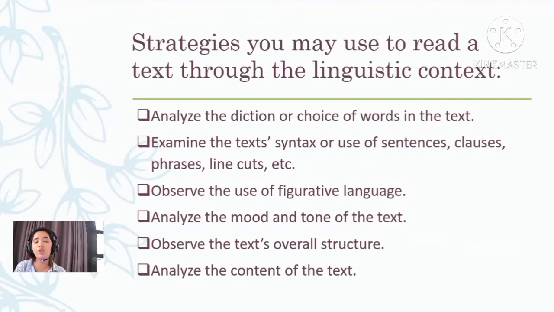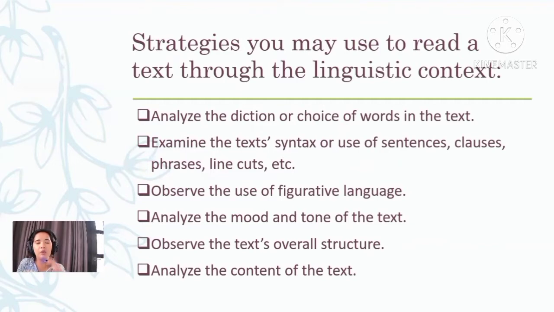First, you need to understand and analyze the diction or choice of words in the text. Is it too technical? Or is it too simple? Or do you think the author uses the words of the millennials? Or the words of the adults?